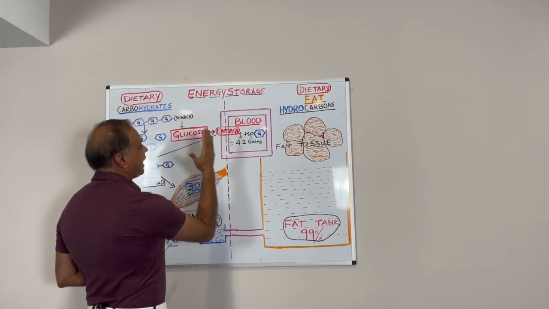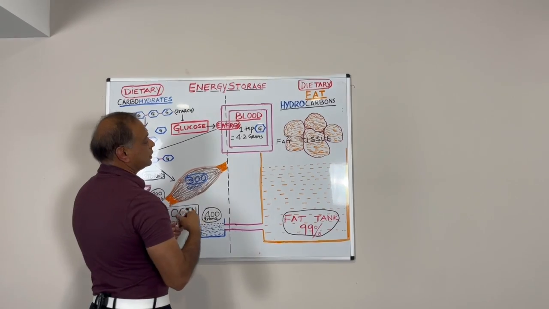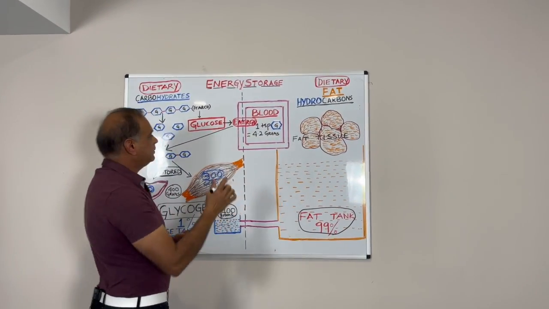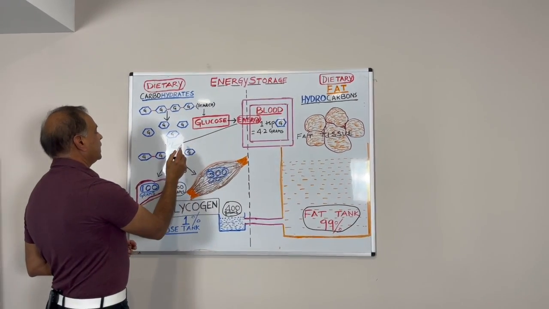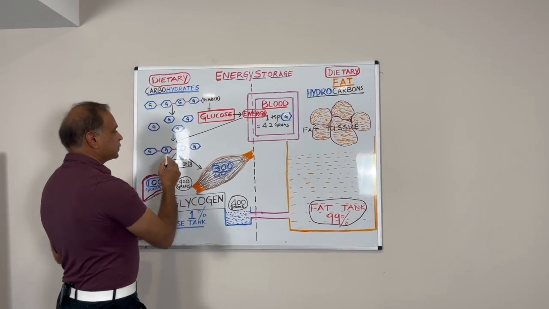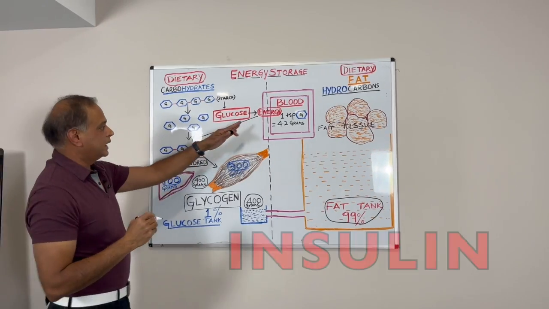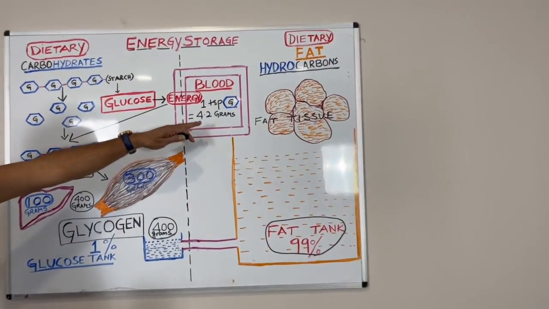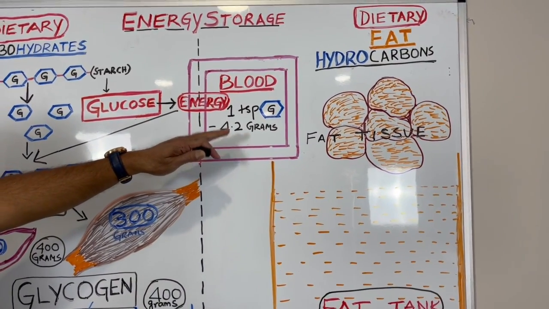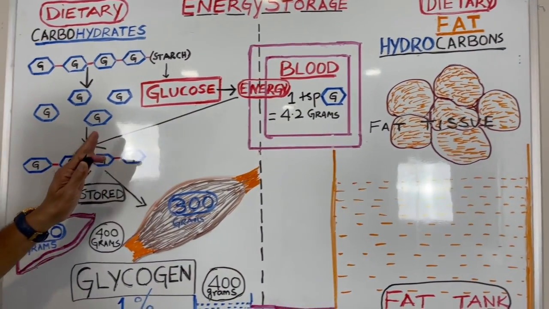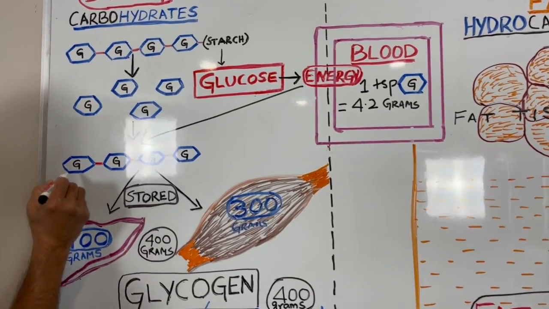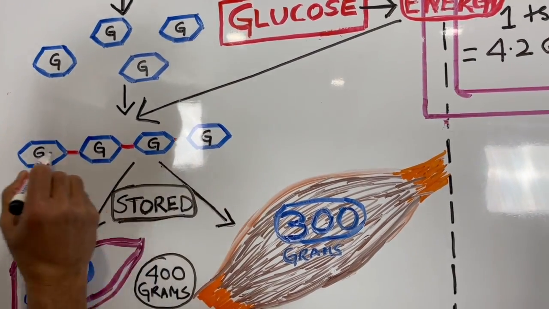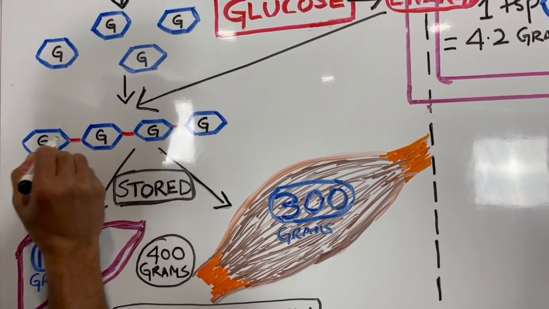After that 1 teaspoon level of glucose in the blood, the rest goes into the tissues with the help of insulin. The insulin takes all that extra glucose in the blood into the tissues and packs it again as chains of glucose.